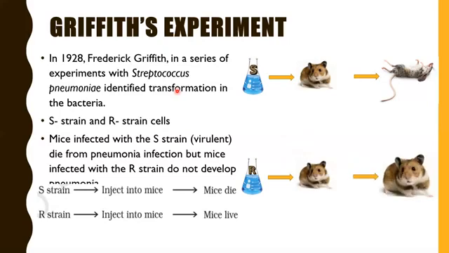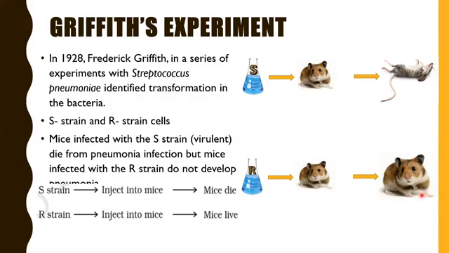So there was no death of the mice infected by R-strain bacterial cells. By these two steps, we can come to the conclusion that only the S strains are pathogenic, resulting in the death of the mice, but R strain bacterial cells are non-pathogenic and will not cause any harm to the mice.